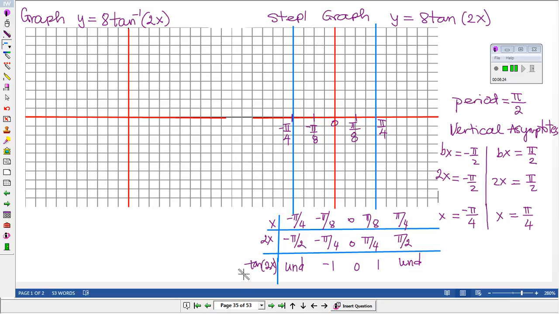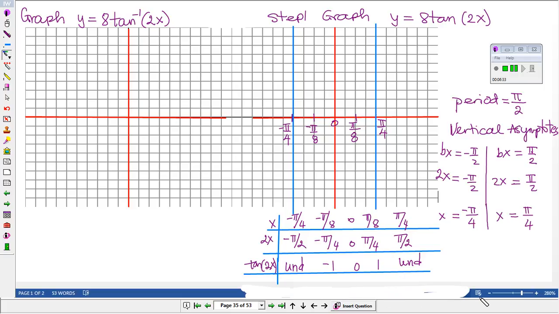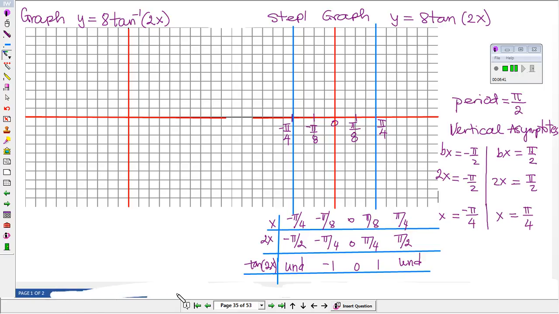So we do 8 times tangent of 2x: undefined, negative 8, 0, 8, and undefined.